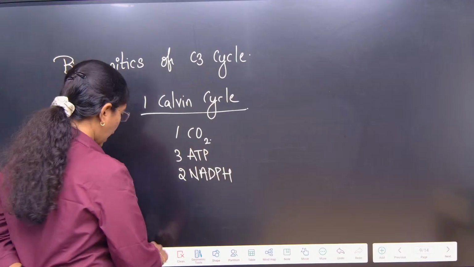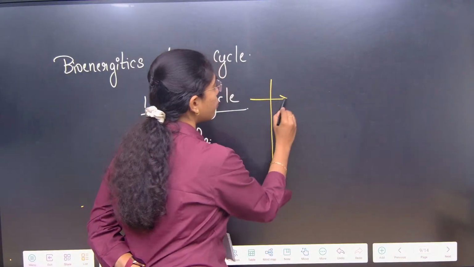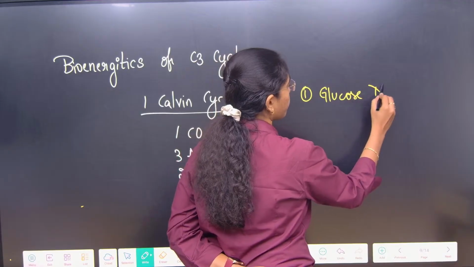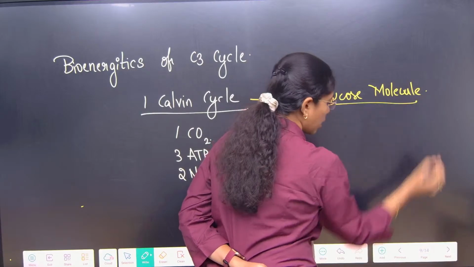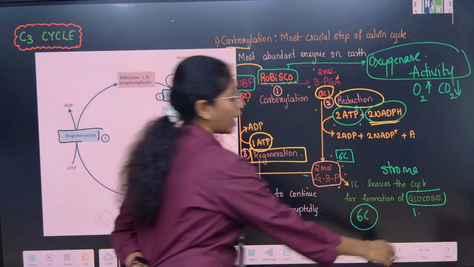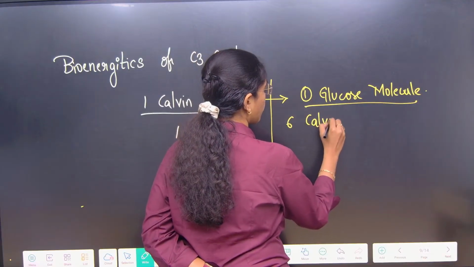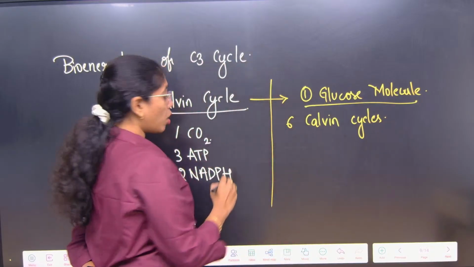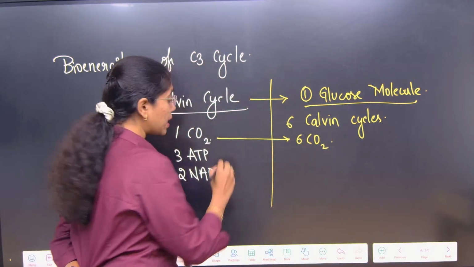But our ultimate goal is what? Formation of glucose. For formation of one glucose molecule, you see, from each Calvin cycle, 1 carbon is escaping for formation of glucose. Likewise, how many Calvin cycles have to happen? 6 Calvin cycles. For this, how much carbon dioxide is required? 6 carbon dioxide. How much ATP is required?